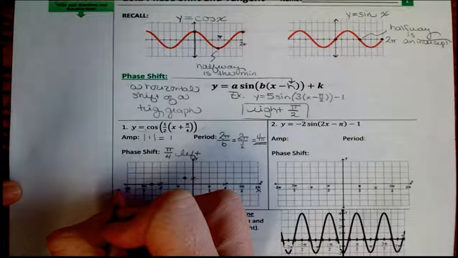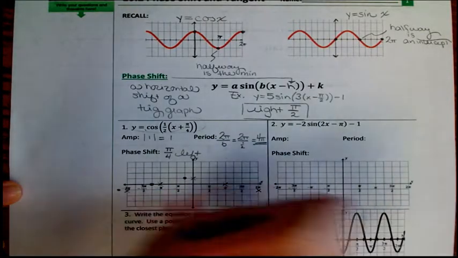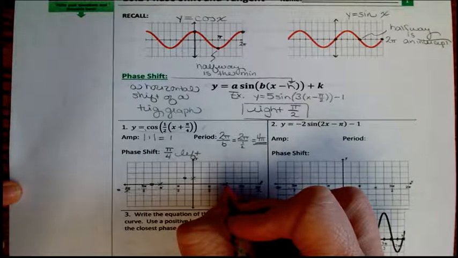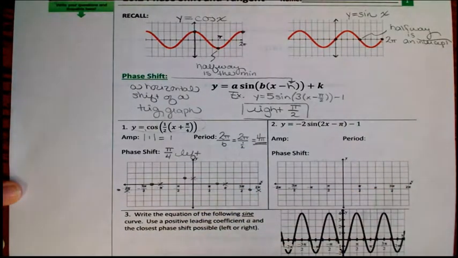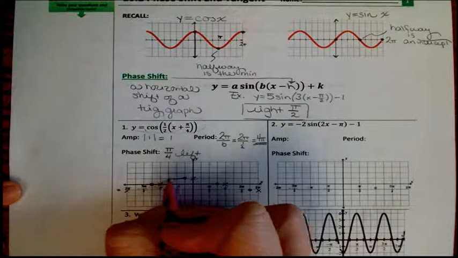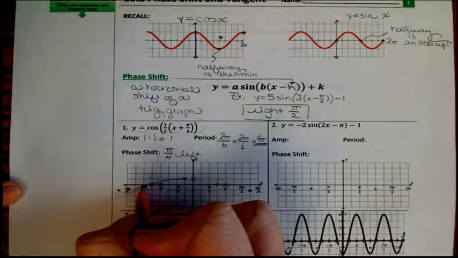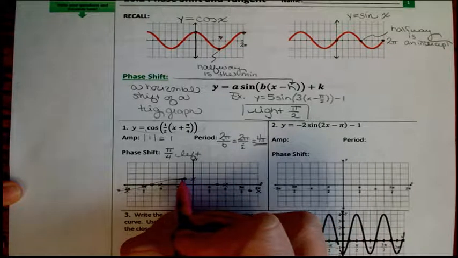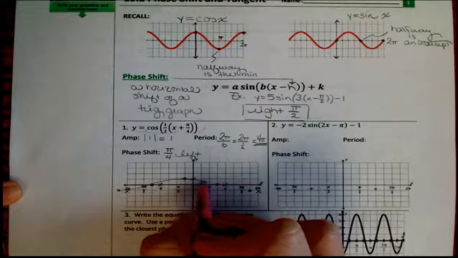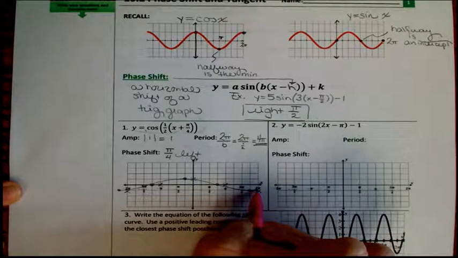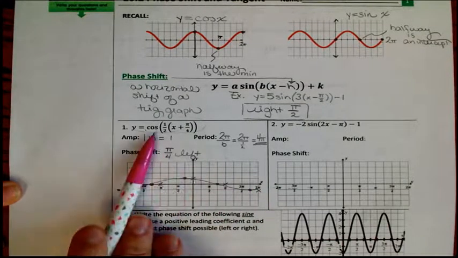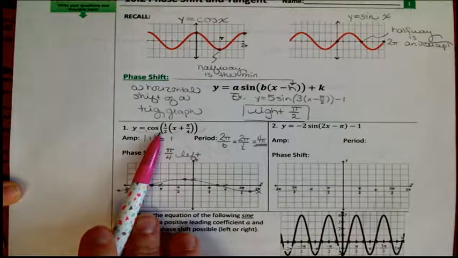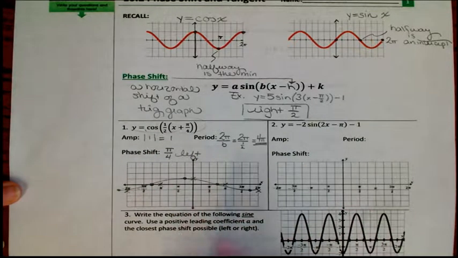I know it's kind of off the graph, but it gives us an idea, a rough sketch. This one over pi over 4 and this one over. And it is these dots that I am going to connect to make my cosine curve. That is the complete graph for this cosine function with a change in period and phase.